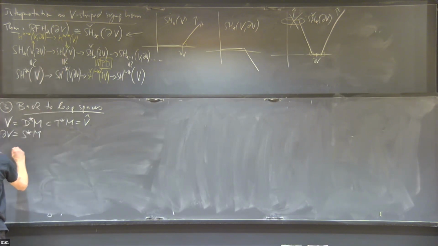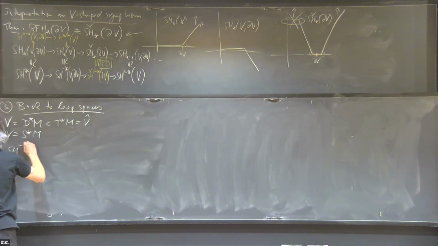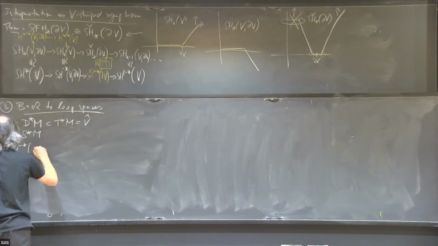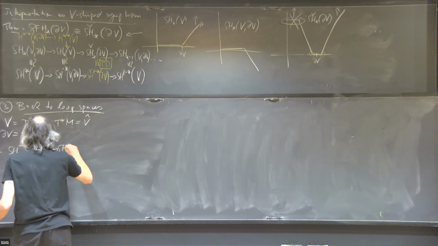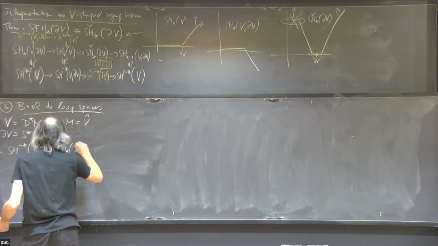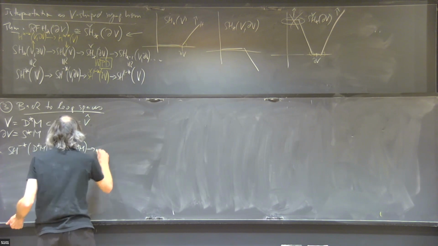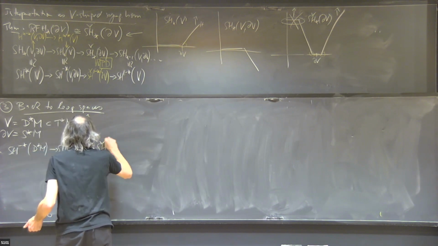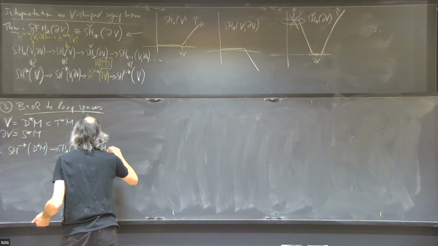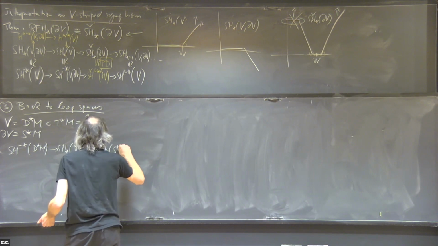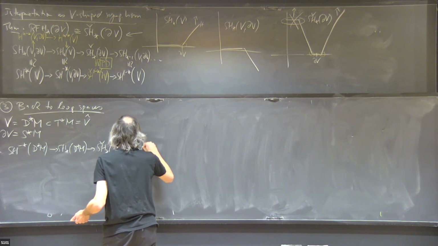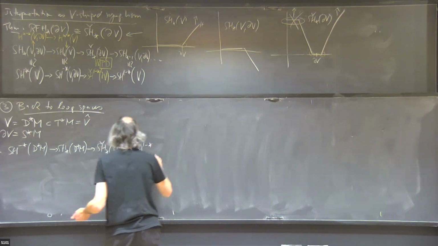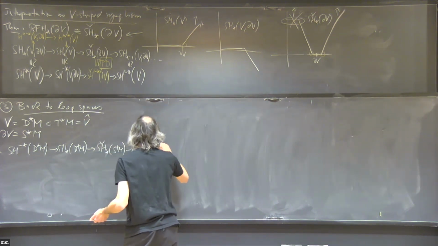So we have symplectic homology of D star M going to symplectic homology of D star M going to V-shaped symplectic homology of the boundary going to homology in degree 1 minus star.